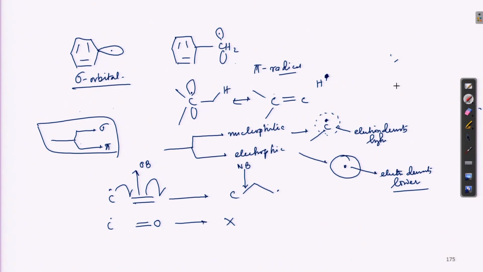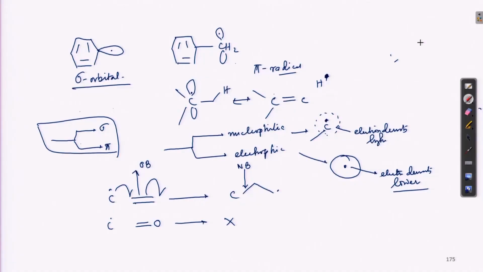So, now let us see that there are two types of reactions. One is quenching with an atom which is a donor atom, or addition to a double bond. Let us see what is the consequence of adding to the double bond.